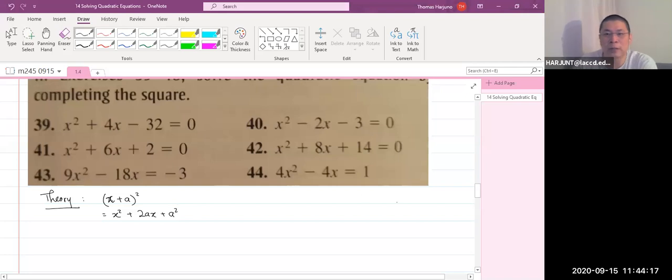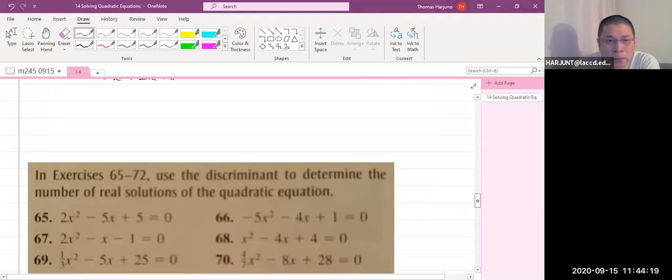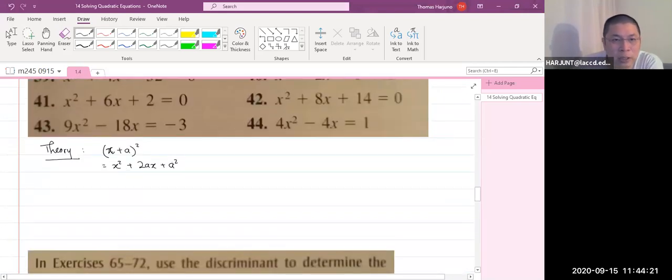Now notice that this guy here is the square of a, and that a is obtained from the coefficient of x divided by 2.